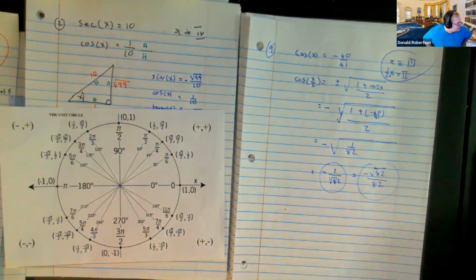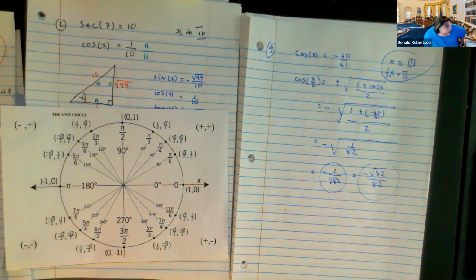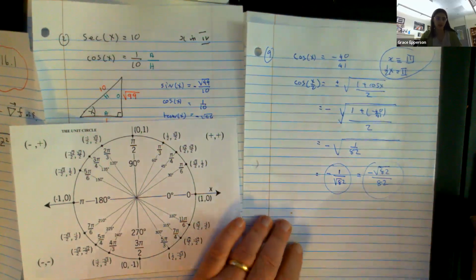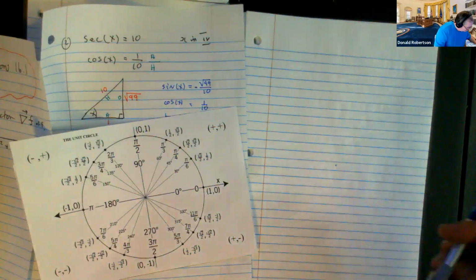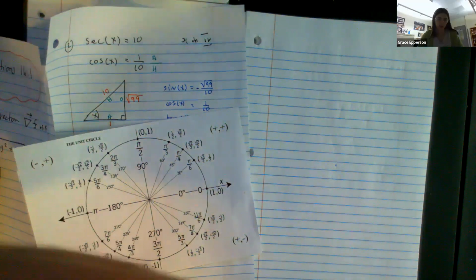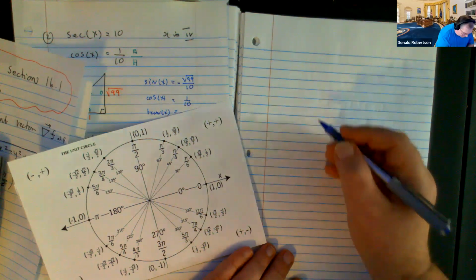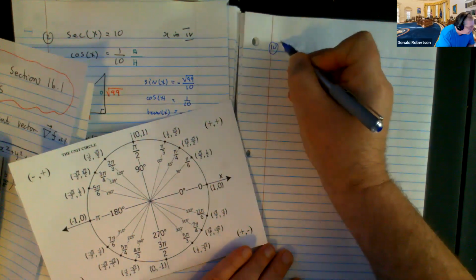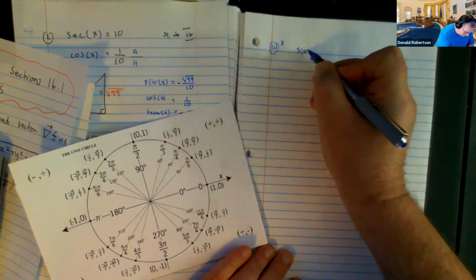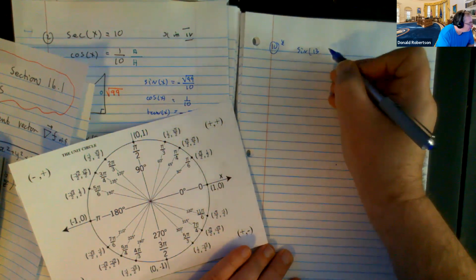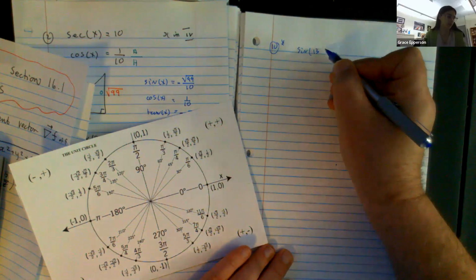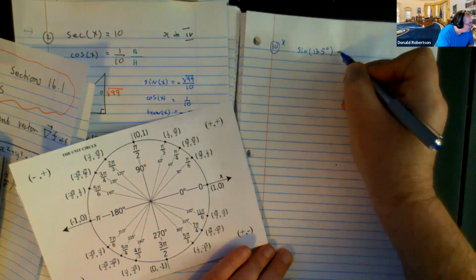Okay. Well, number 10, they want us to find the value of the sum of sine of 135 plus the sine of 45. So in this question, you're going to use addition and subtraction formulas, right? Well, yeah, exactly.